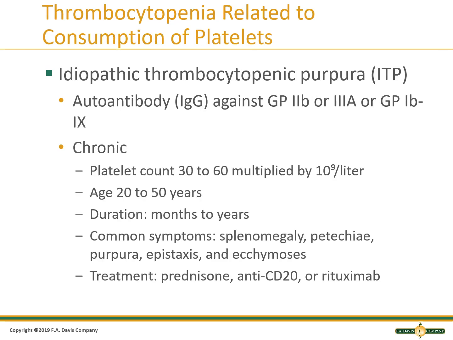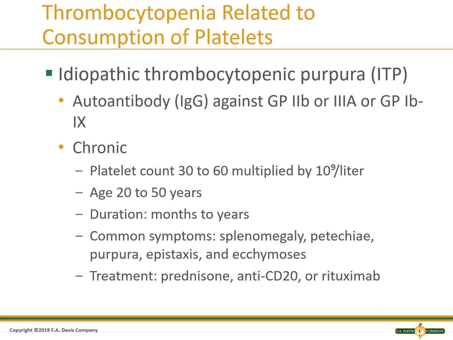There's also idiopathic thrombocytopenic purpura, or ITP, where there is an autoantibody which is created with IgG against GP2B or 3A or GPB9. This condition can be chronic.